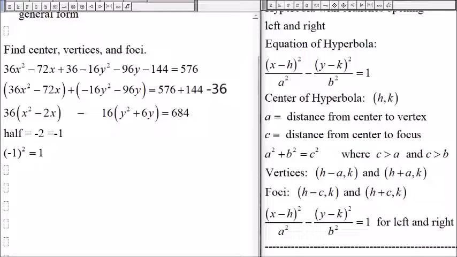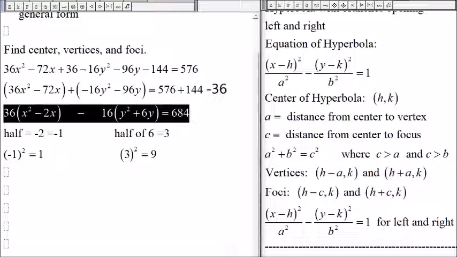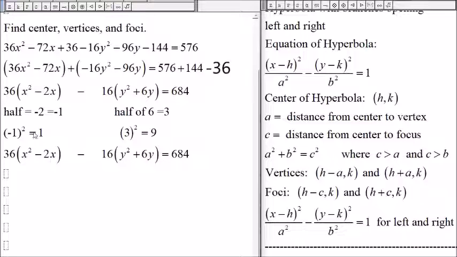And then same thing here, half of 6, which is 3. And then 3 squared, which is 9. And then what we're going to do is add 1 to the first group and then add 9 to the second group. So the 1 here, we're going to add it to this group. And then the 9, we'll add it to this group.